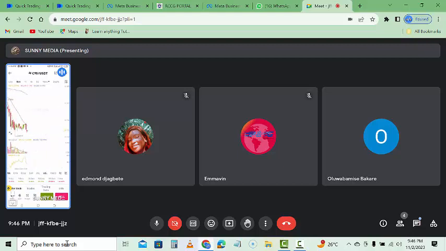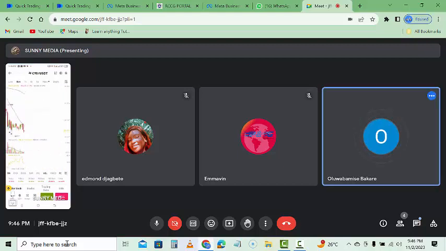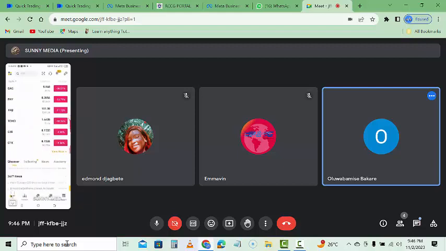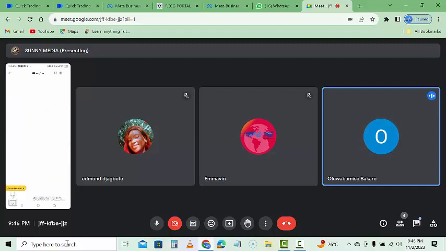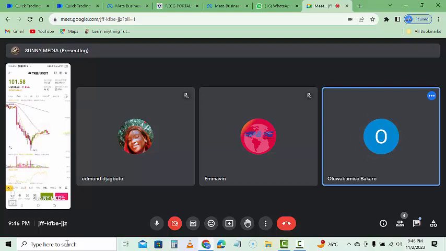That's TP1, 0.176, then TP2, 0.1820. Okay. 0.1760, 0.1820.